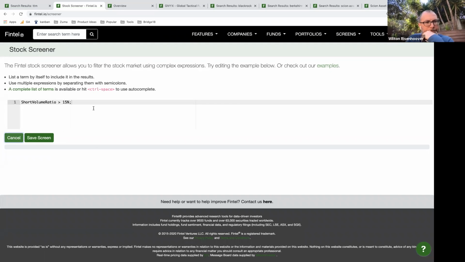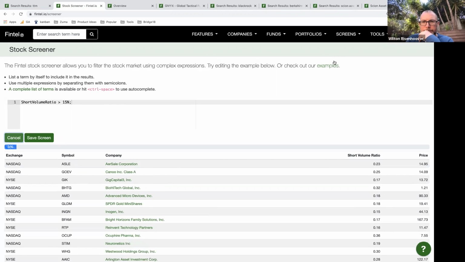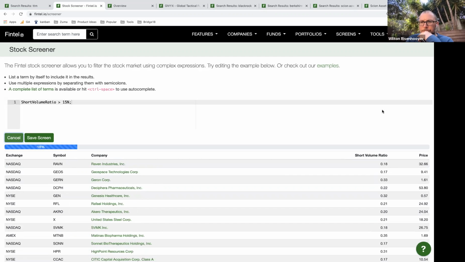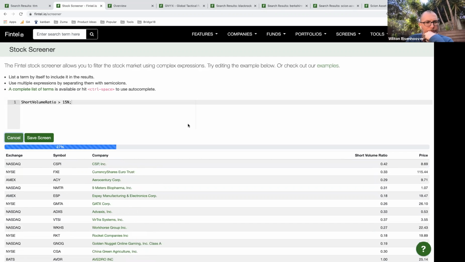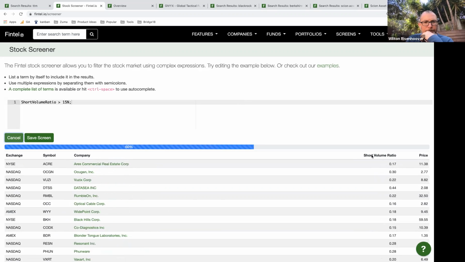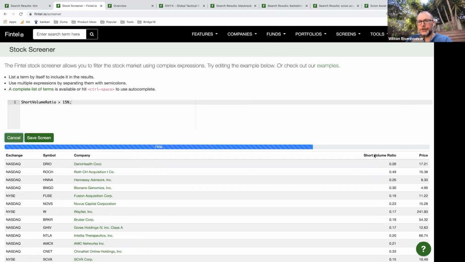I'm going to click go on that, and it's going to churn through. When it's done, I'm going to be able to sort on this by short volume ratio.